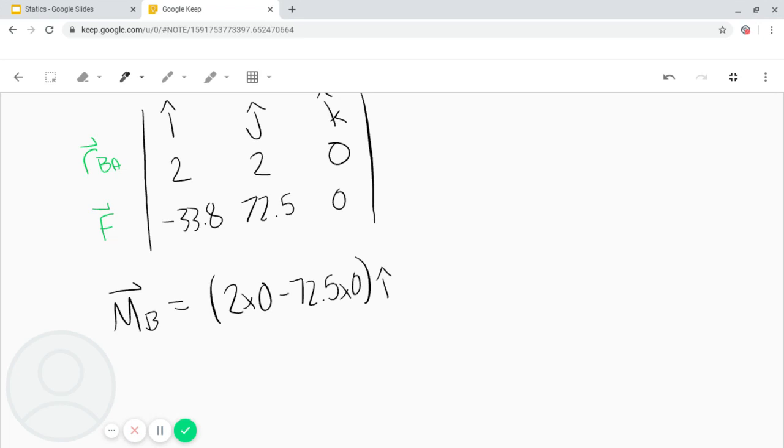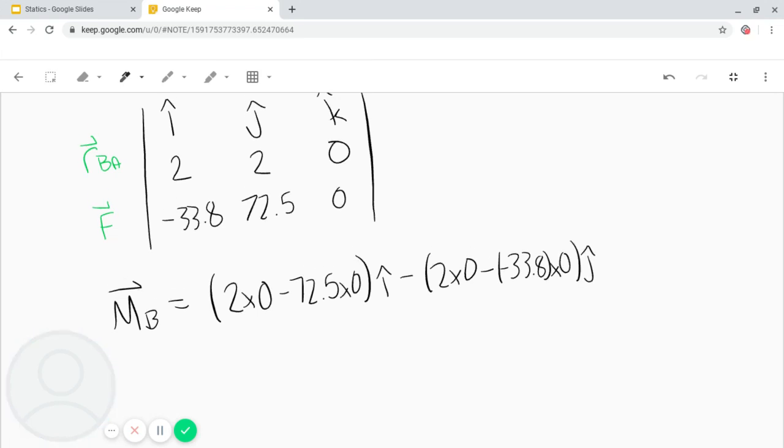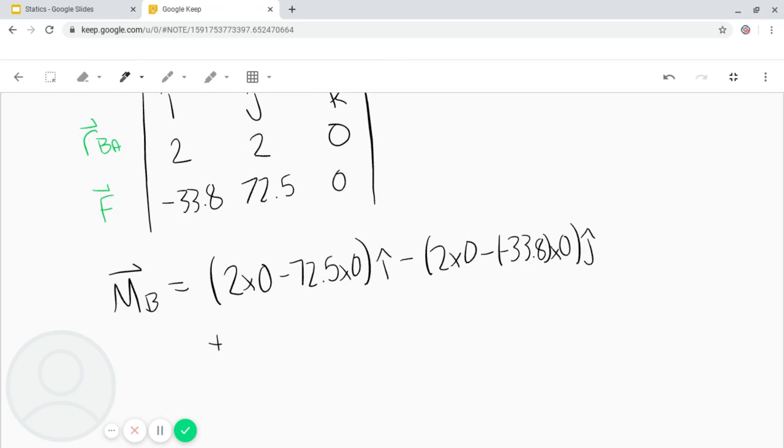And then minus, so for j, it'll be 2 times 0, minus negative 33.8 times 0. So far we're getting pretty easy numbers. But then we'll do k, so we'll have plus 2 times 72.5 minus negative 33.8 times 2k.